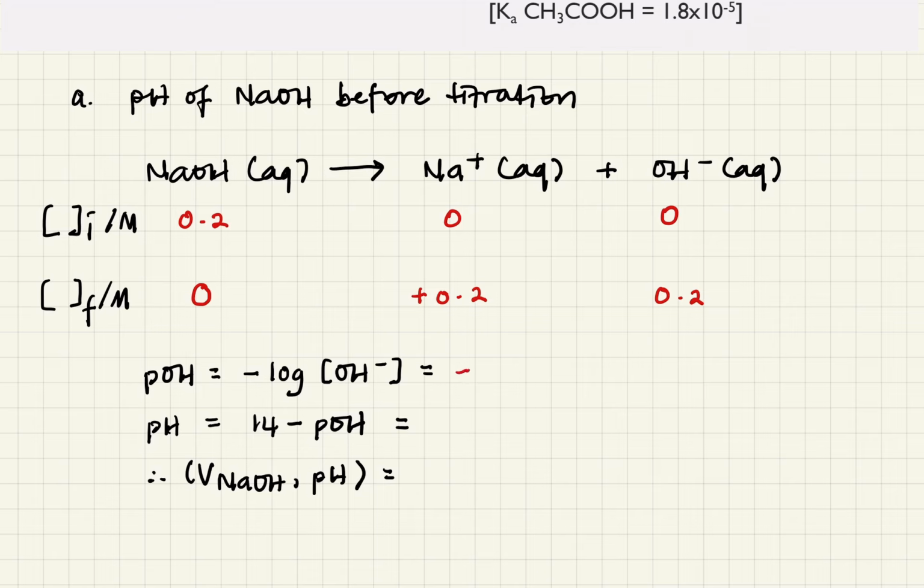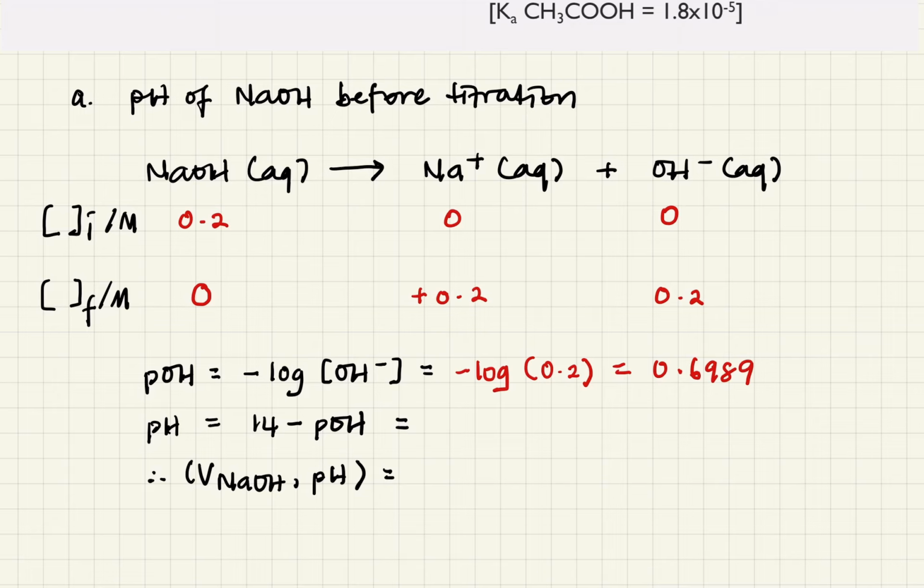So just take the negative log to find pOH, because you don't have any H plus. You're just going to do this for your base. Then you will get 0.6989. Don't round off your value until you get your final value.